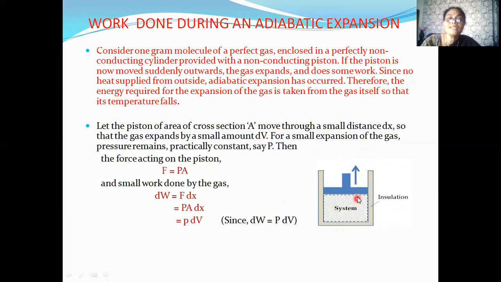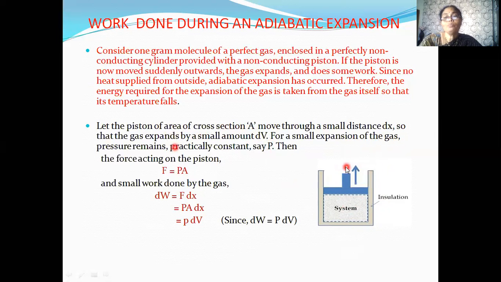Now, if the piston is moved slowly upwards, then the gas expands and does some work. Since no heat is supplied from outside, the energy required for expansion of the gas is taken from the gas itself, so that its temperature falls. So in an adiabatic process, the temperature decreases.